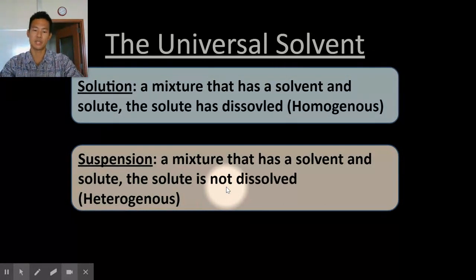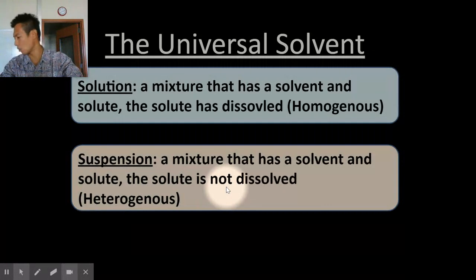If it is really, really attracted to a certain molecule, like say salt or oxygen, then it would dissolve it, and it will form physical bonds with the solid solute.